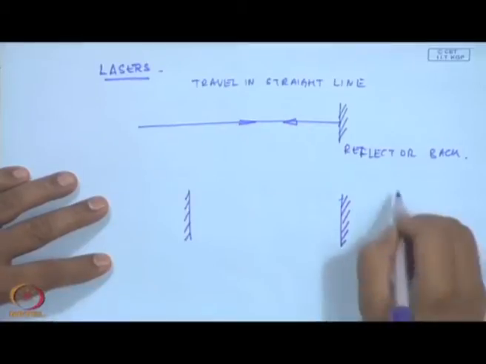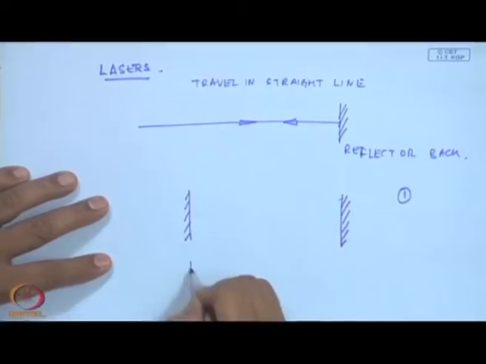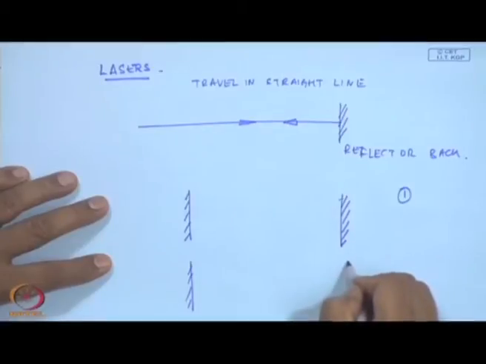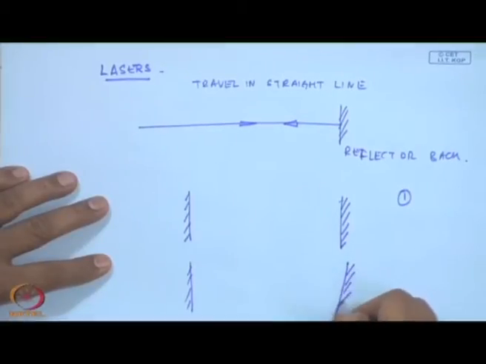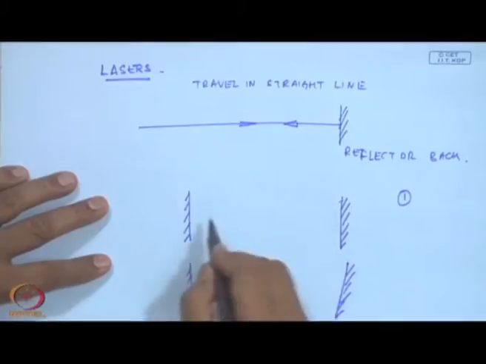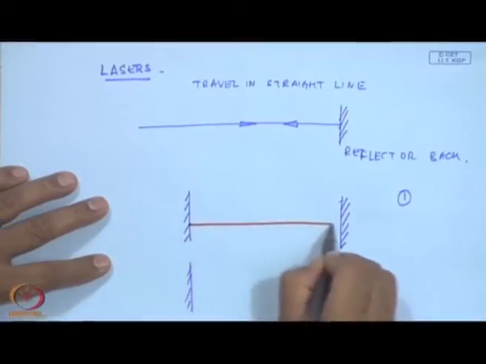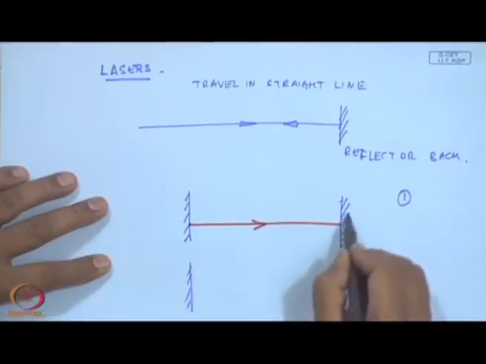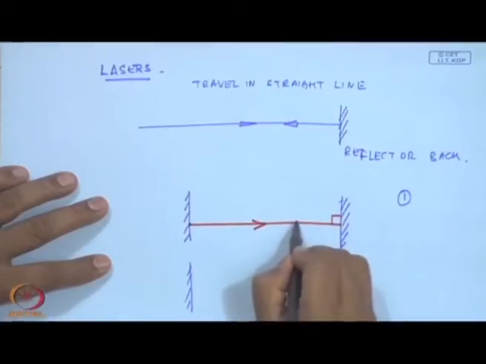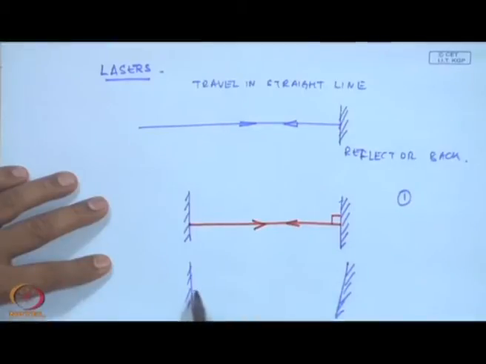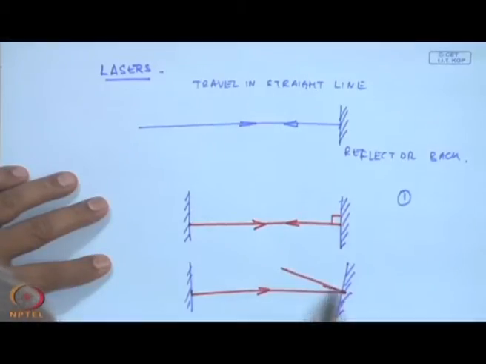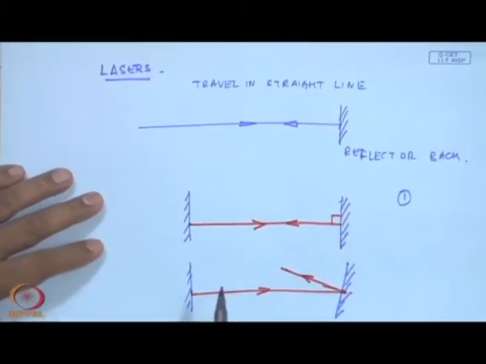In the first case, if I shoot a laser beam, it is normally incident, so it is going to reflect back. In the second case, if I shoot a laser beam, it's not normal. So, if this is the normal, it is going to come out somewhere like this.